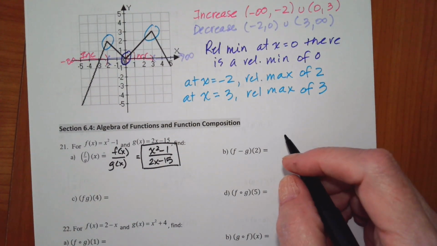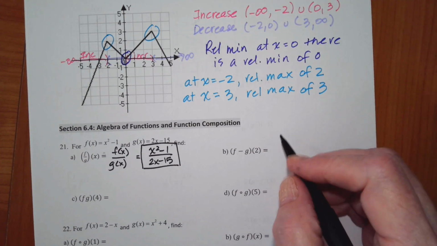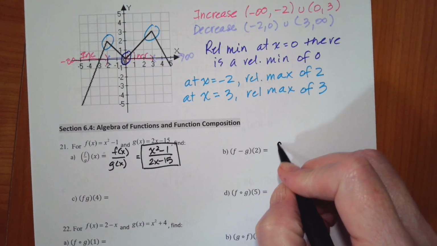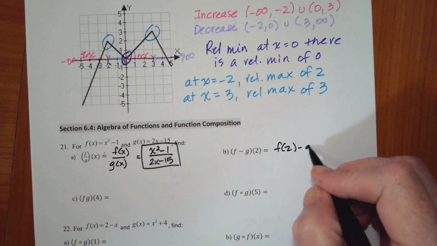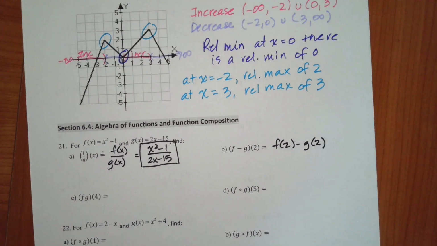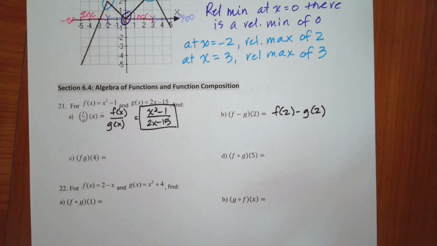Okay, f minus g of 2 is the same thing as f of 2 minus g of 2. Now, there are a couple of ways that you can do this. You can either combine the functions and then substitute in for 2, or you can find f of 2 and find g of 2 and subtract them.